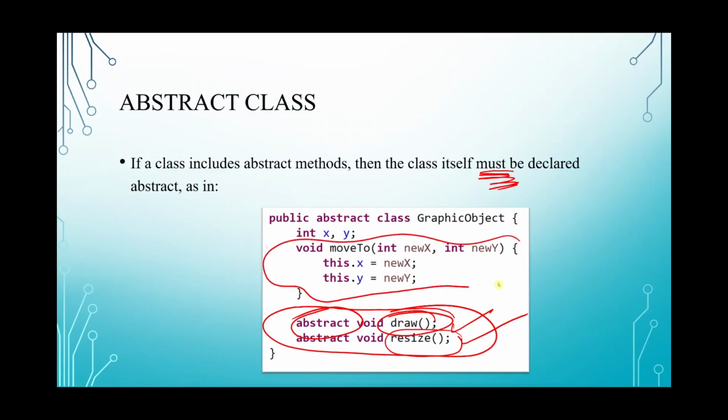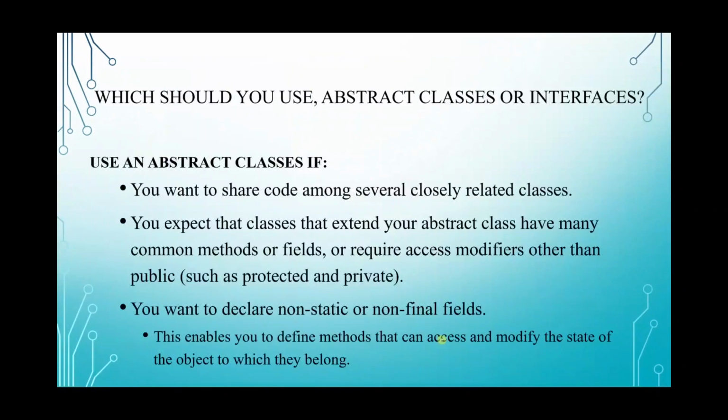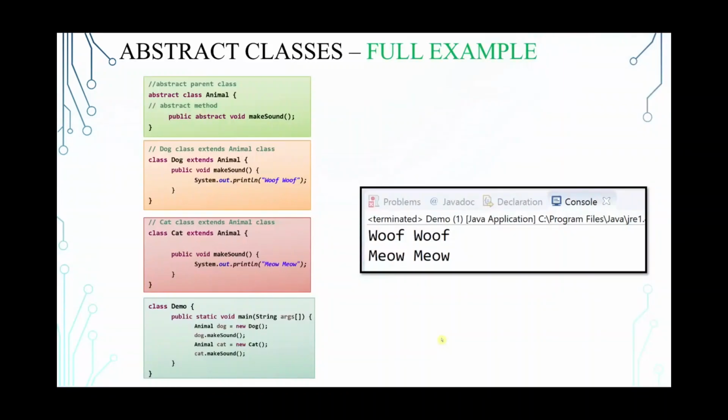All the graphic objects can be moved, but they can be drawn or resized differently. Okay, so you want to declare a non-static or non-final method, because as you know, in interfaces, they're all static and final fields.